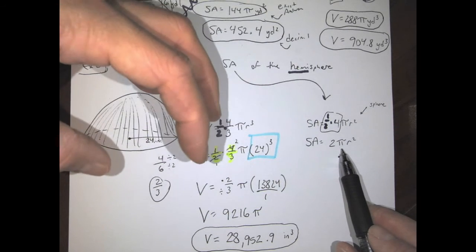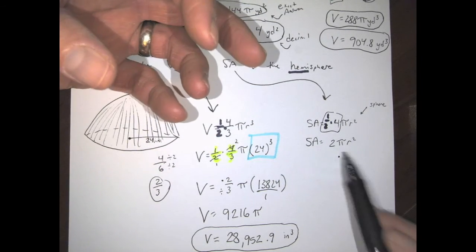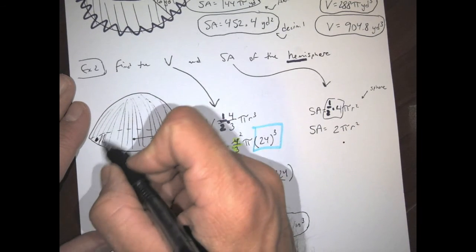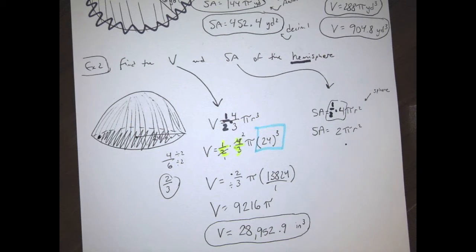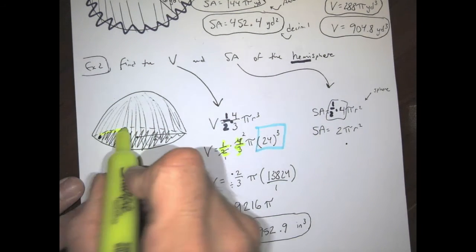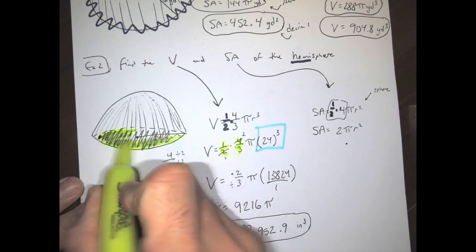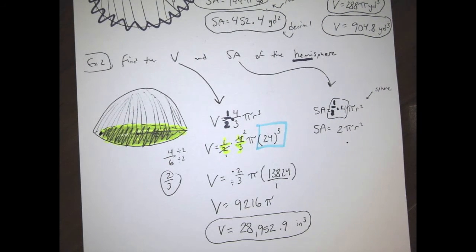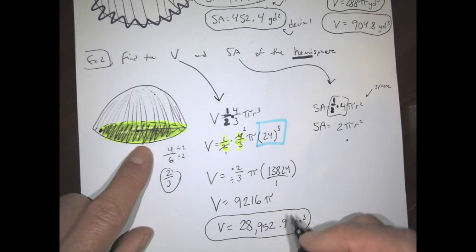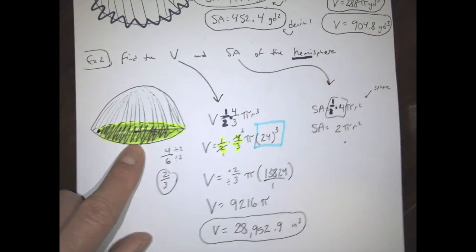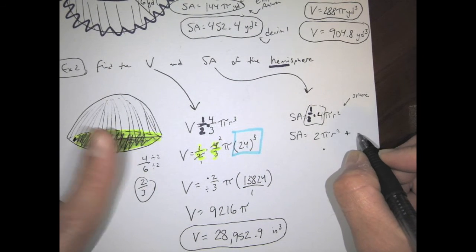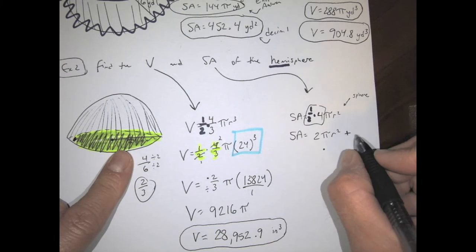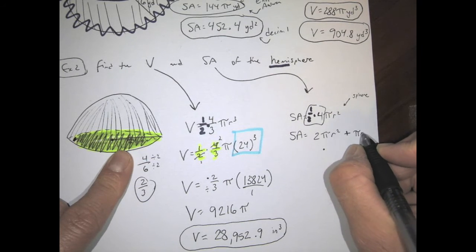Because if you take this half a grapefruit and turn it up on its side, you see this great circle right here, the flat part. You also have to include this area. That's an area that you need to include as well. And it's just a regular old circle, everybody. So we need to add the area of the great circle, which is going to be pi r squared.